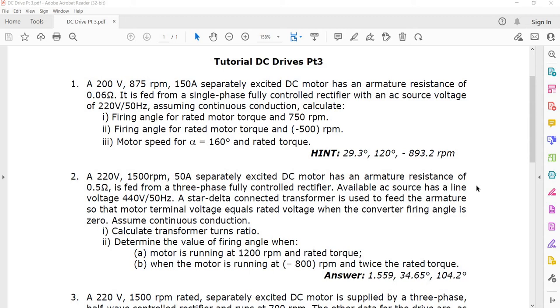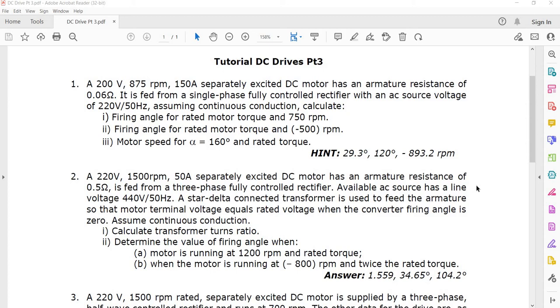There are three sub questions. One is the firing angle for the rated motor torque at 750 RPM. Number 2 is the firing angle for the rated motor torque at negative 500 RPM. Number 3 is the motor speed if alpha is 160 degrees at rated torque.